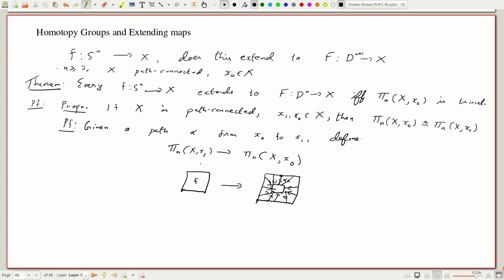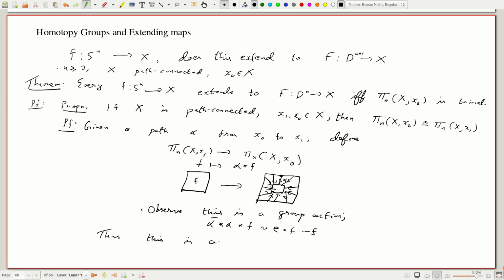So f maps to alpha star f as previously, and then we can observe this is a group action, and in particular alpha bar star alpha star f is E star f, which is f itself. These are homotopic to f. So this is invertible, an isomorphism.